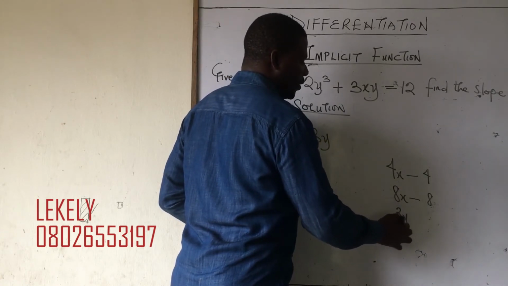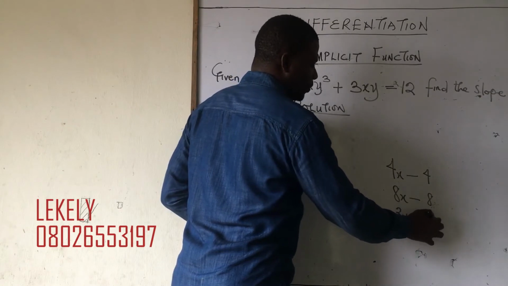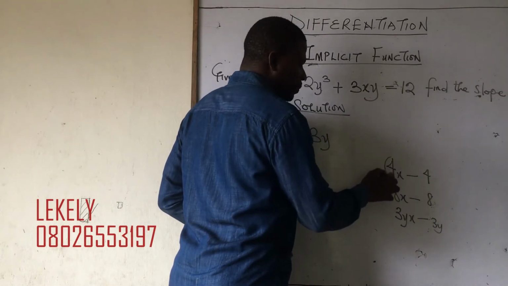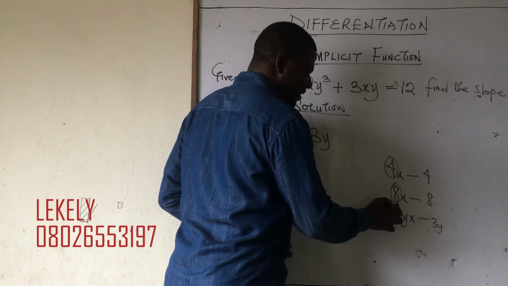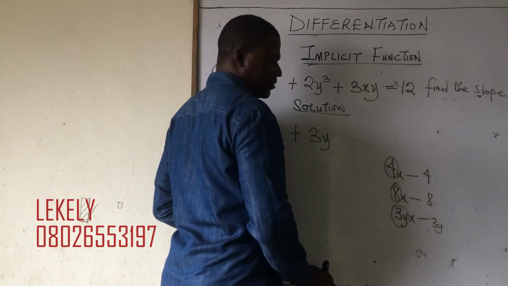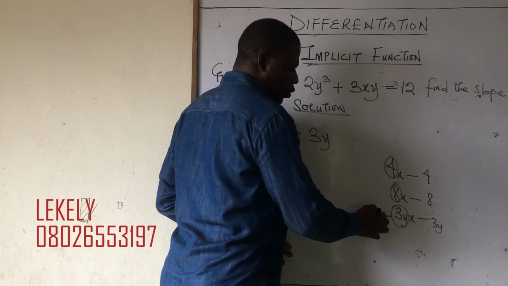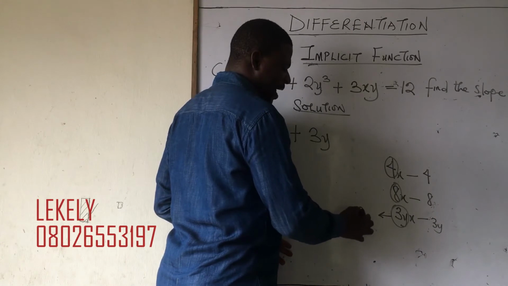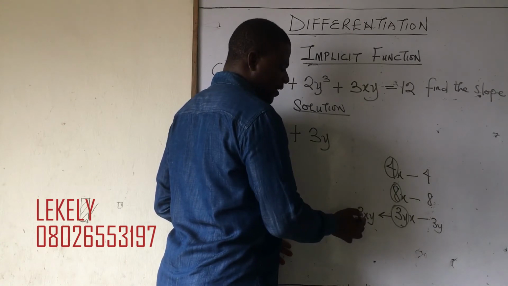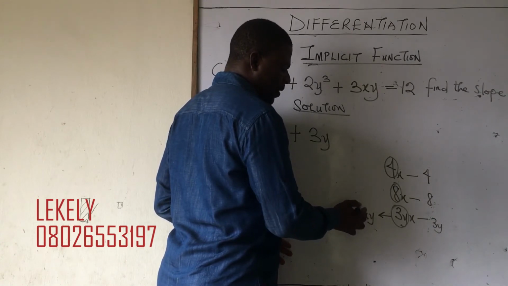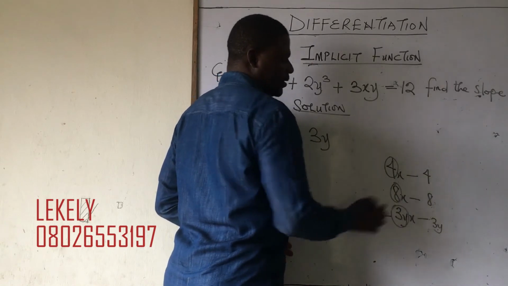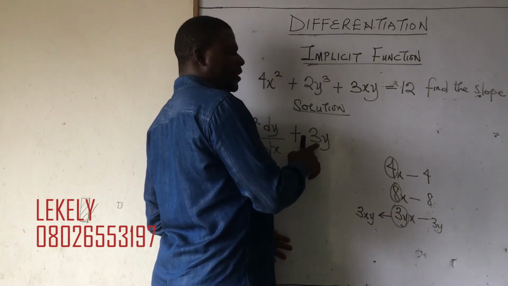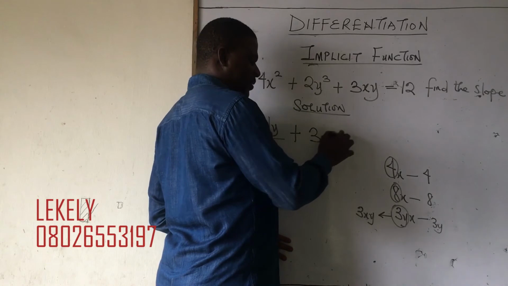So if you differentiate 3yx, your answer will be 3y. You are just picking what is beside the x. So even though they rearrange this as 3xy, by the time you differentiate with respect to x, you only pick the 3 and the y. That's 3y, and that's why I have 3y here with respect to x.